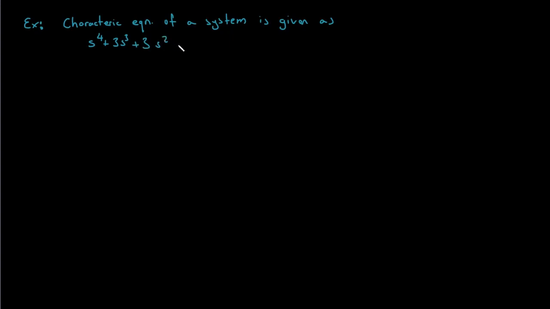Let's check out another example. In our next example, the characteristic equation of a system is given as s to the power 4 plus 3s cubed plus 3s squared plus s plus k equals 0.